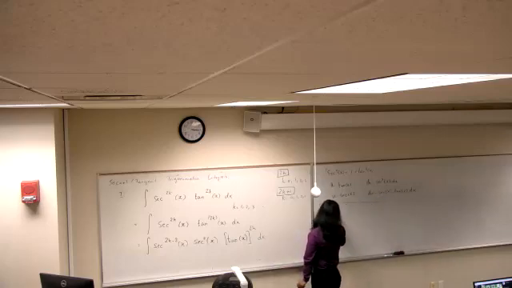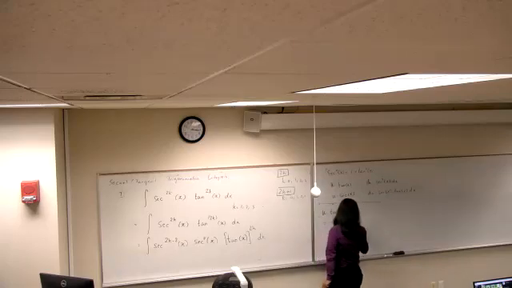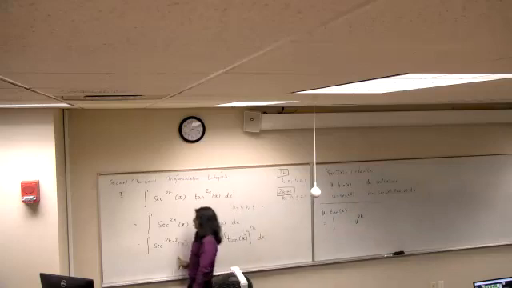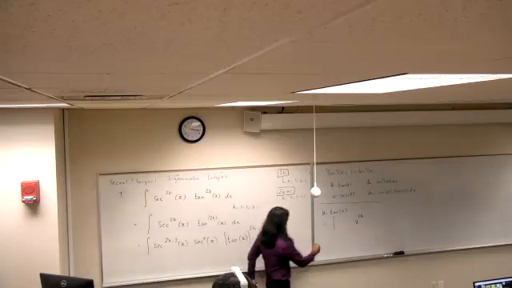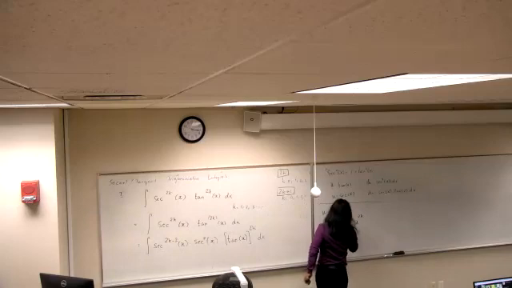So if I pick u to be tangent x, the integral would simply become u raised 2k. Secant raised 2k minus 2 x, I can rewrite as secant squared x raised k minus 1.